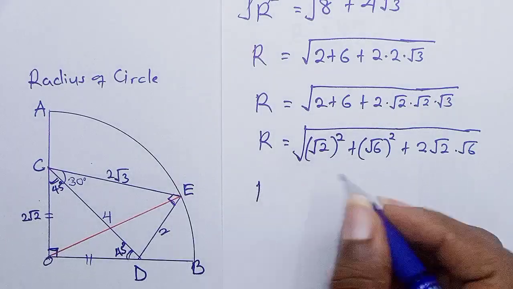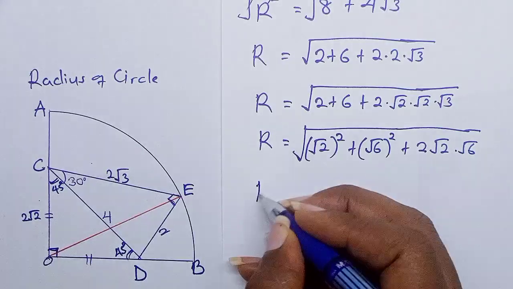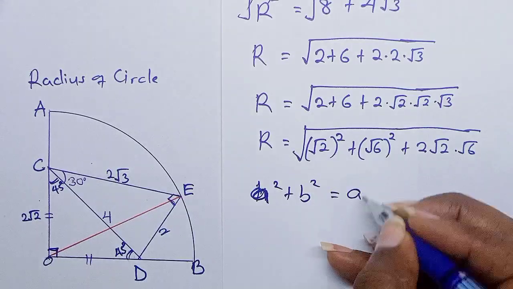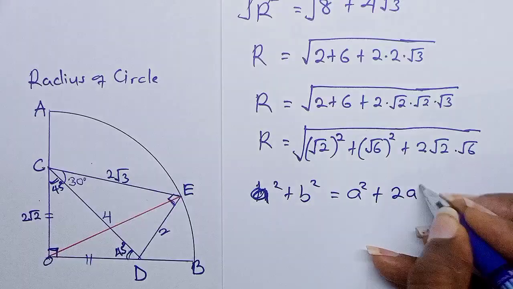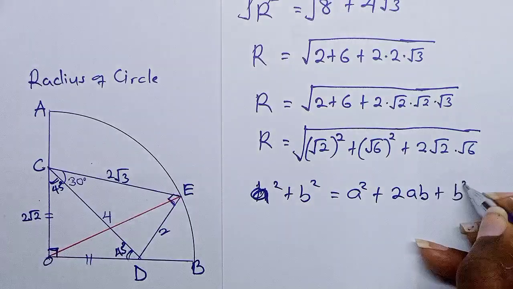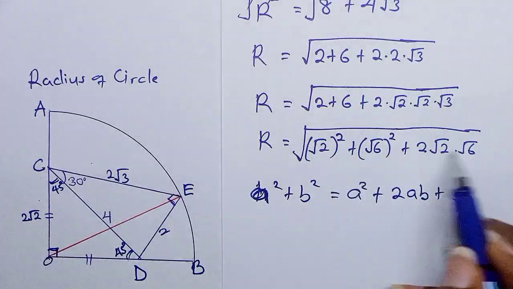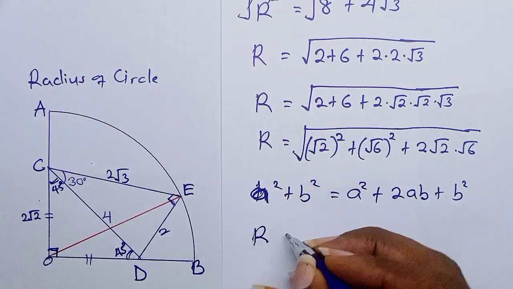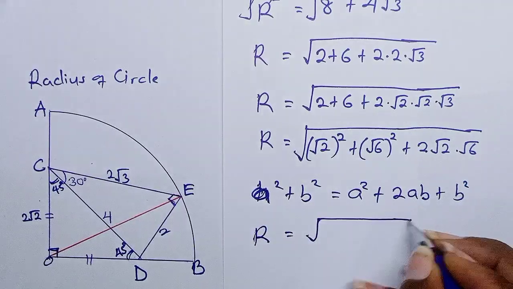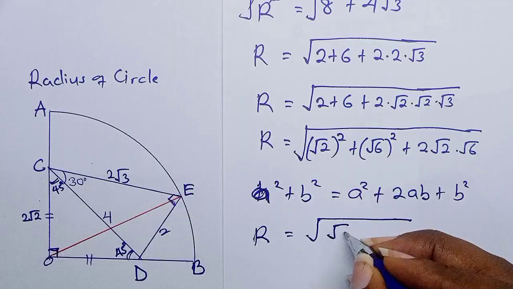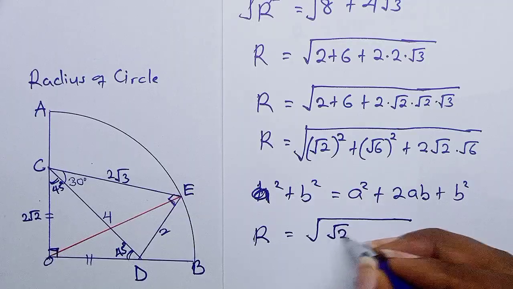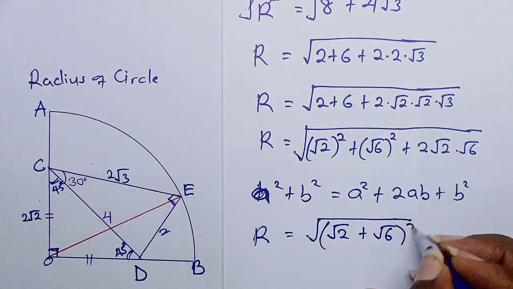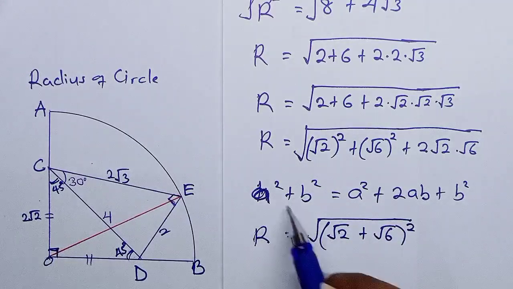So R is this, and we know that a squared plus b squared plus 2ab is equal to a plus b all squared. So this is the form that we have. So we can represent it in this way. Therefore, R will be equal to root of root 2 plus root 6 all squared in this form.